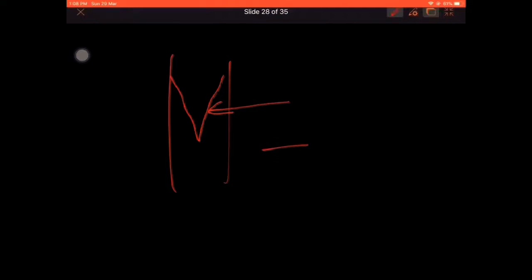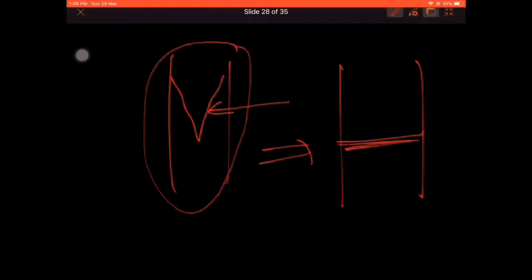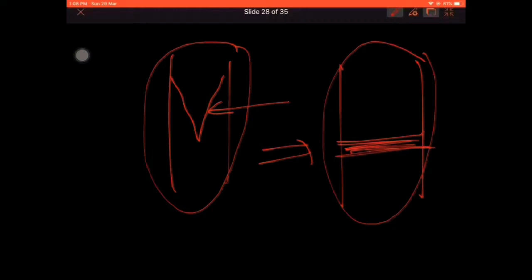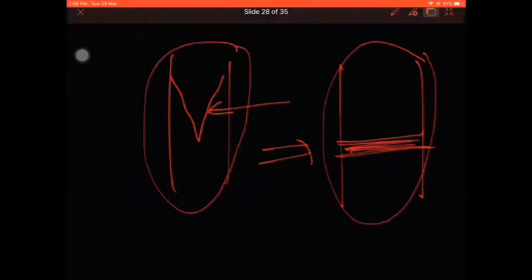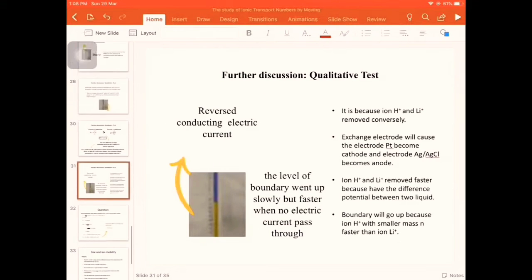Over time it will turn into more of a straight line, like this. This is the early observation of these boundaries, and then it becomes kind of a straight line over the boundary. So, moving on to the next slide.